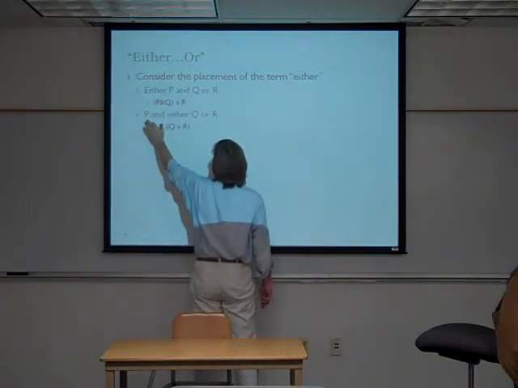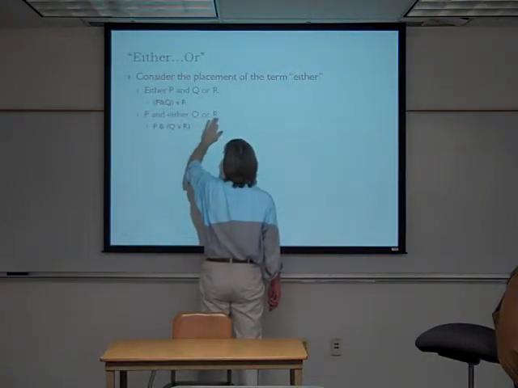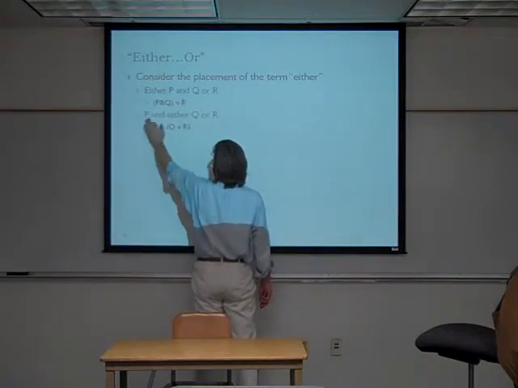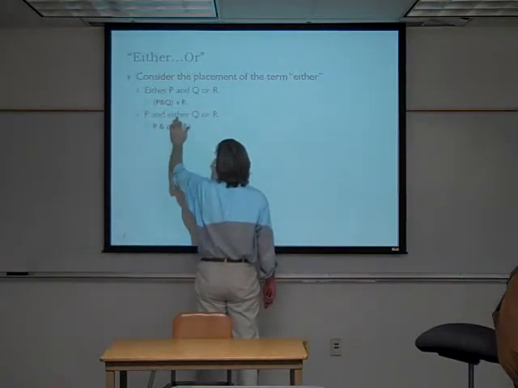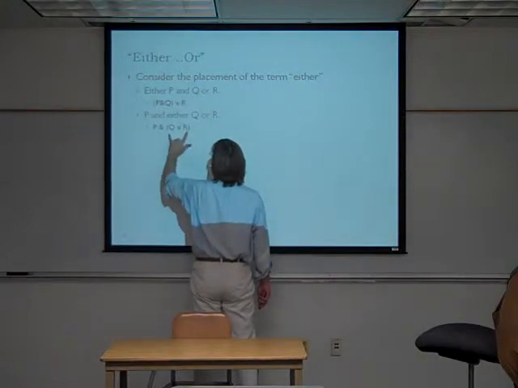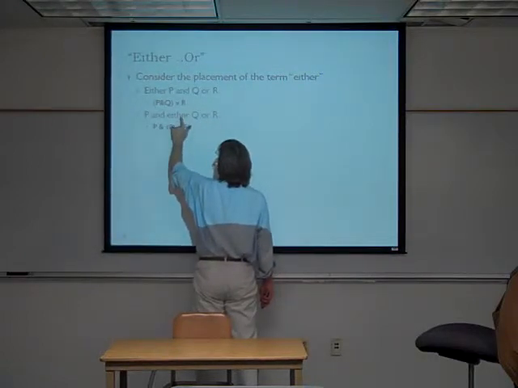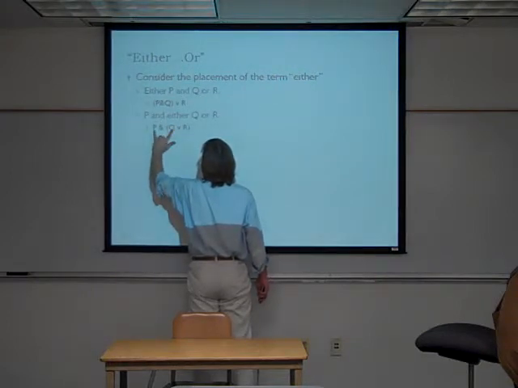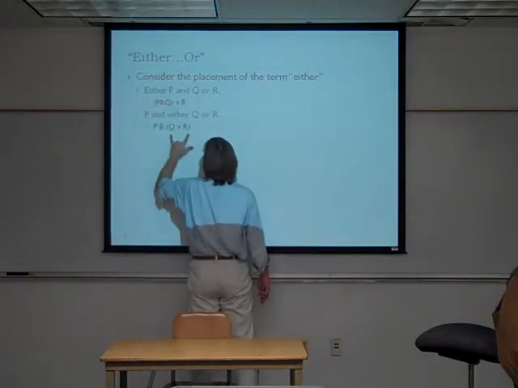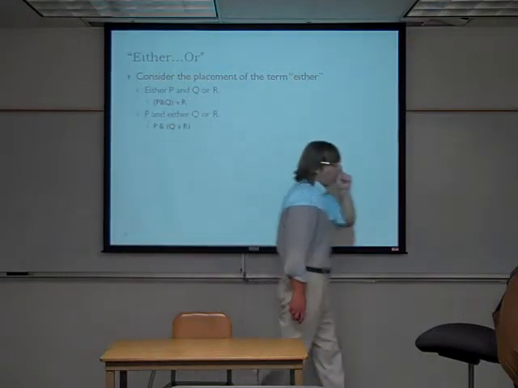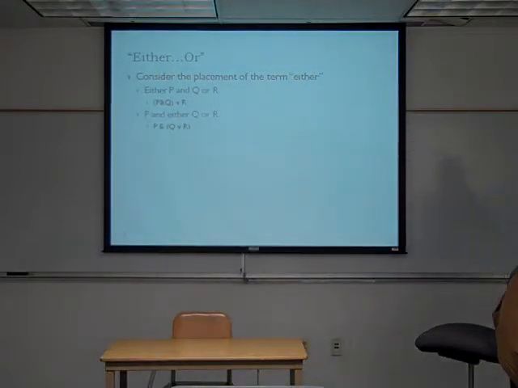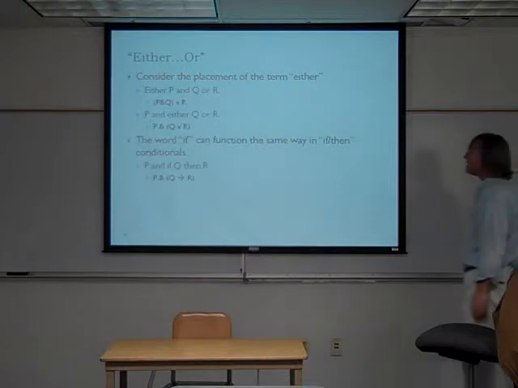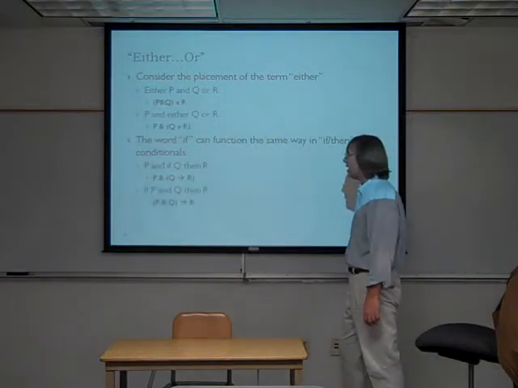But if we say P and either Q or R, well then we're going to say P ampersand, and we're going to put Q and R in the parentheses. So it's the placement of the either, here or here, that determines whether these two are in parentheses, these two, or these two. You see that? The word if, then can function the same way.